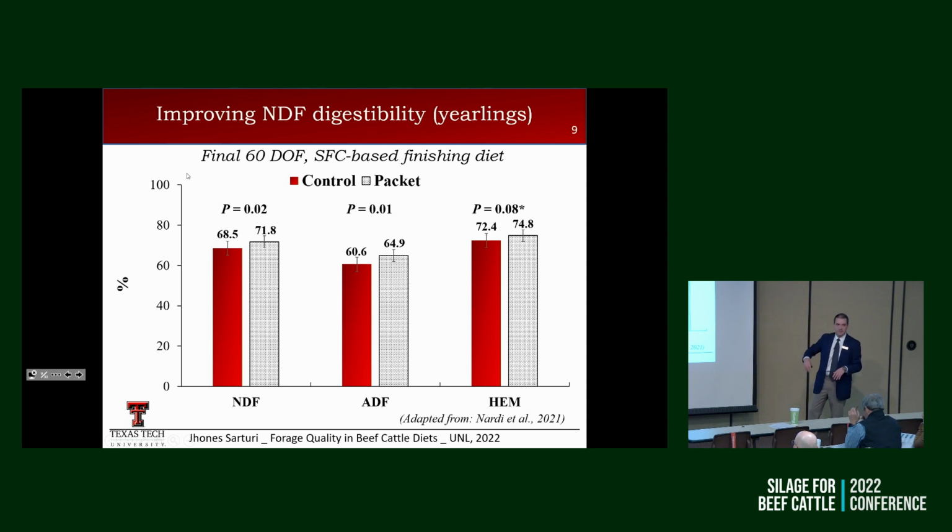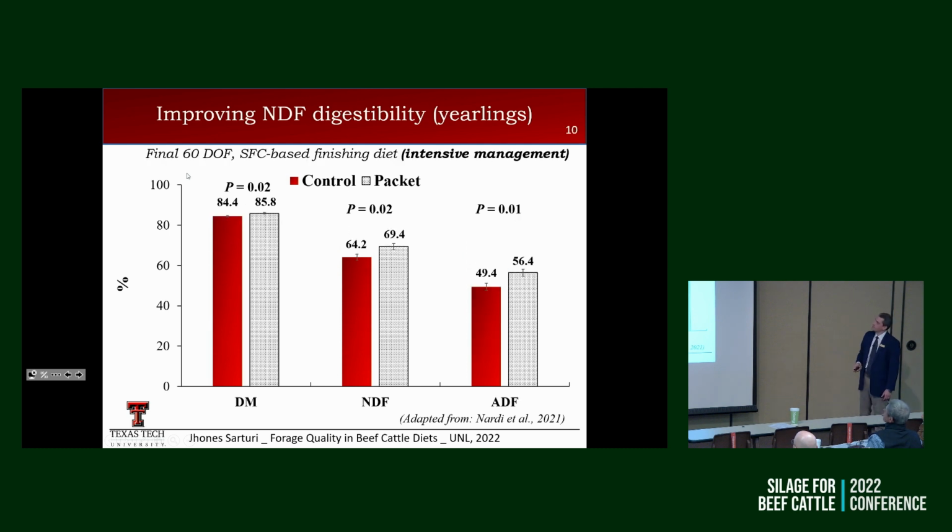There is a higher degree of oxidative stress going on, a lot of tissue being deposited, and animals consuming a lot of dry matter. Could we improve fiber digestibility in that environment, 60 days prior to slaughter? Yes: dry matter, NDF, and ADF digestibility as well, with NDF digestibility being improved with some of these strategies.